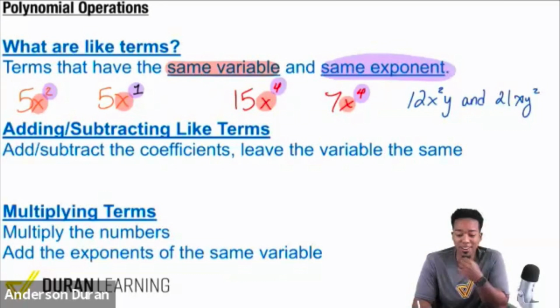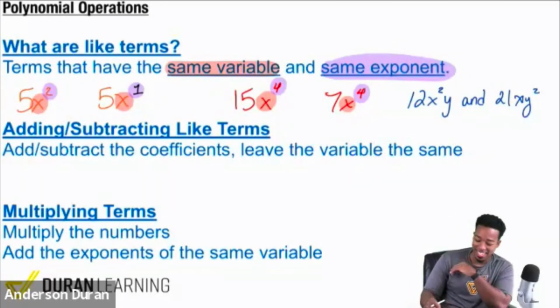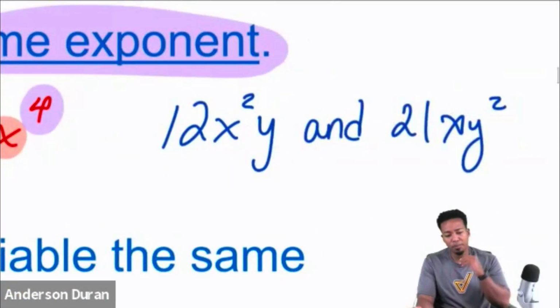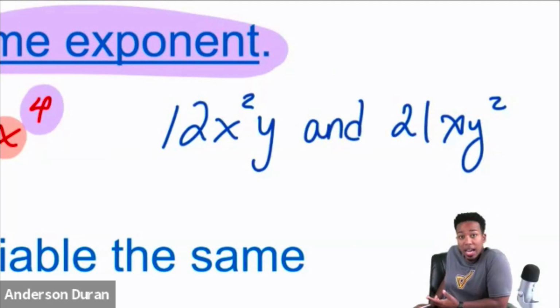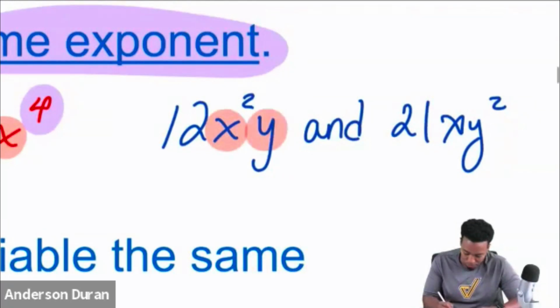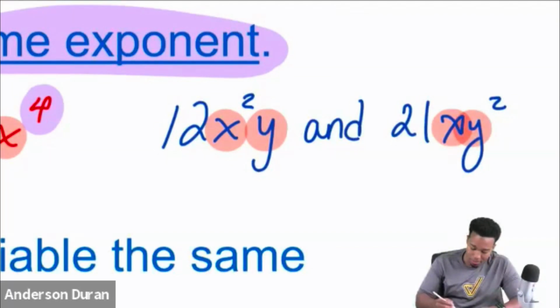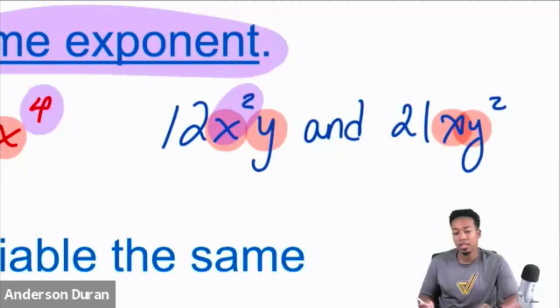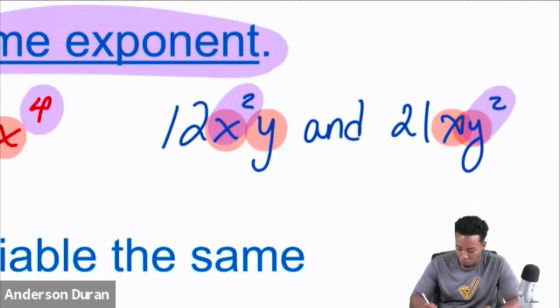And it's cool to say if you're not sure, for sure. Yeah, it's absolutely fine to say that you're not sure. So let's zoom in a little bit. If we're taking a look at these, we've got 12x squared and y, 21xy squared. So we got the same variables. I don't think that's an issue. But what's the problem? The problem is the exponent of 2 is with the x here. The exponent of 2 is with the y over here.